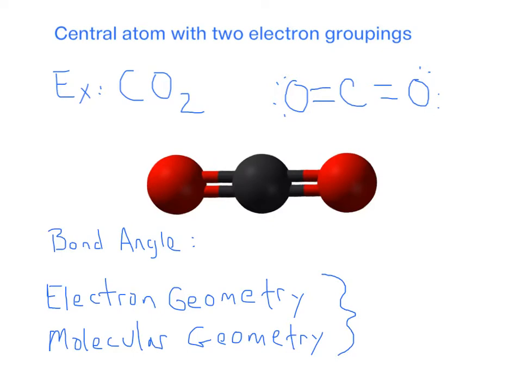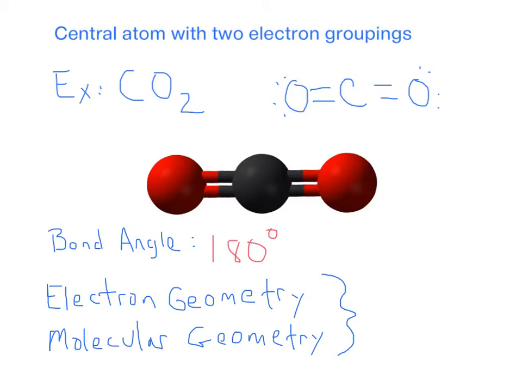So how we express that is if you kind of consider this like the apex of an angle, and you draw a line to the center of that atom and that atom, what is the angle between those two? That's called the bond angle. And just like in geometry class, it's obviously 180 degrees, being as they are as far apart as they can be. And then the electron geometry is the geometry of the electrons counting the lone pairs of the central atom.